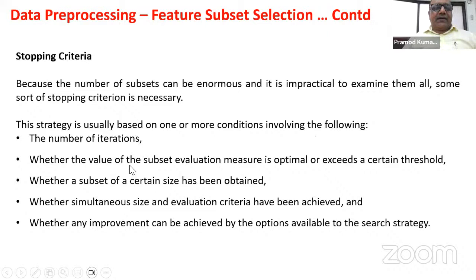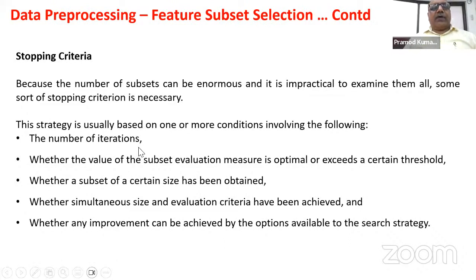We can take any of these or any combination of these. Again, this is not an exhaustive list. If you go through different books or search on the net, you may find a lot of other stopping criteria, and you can mix and match these methods.